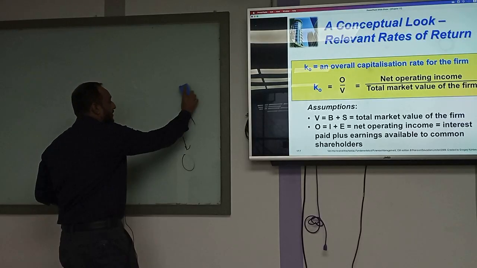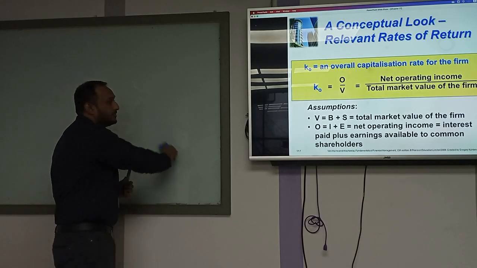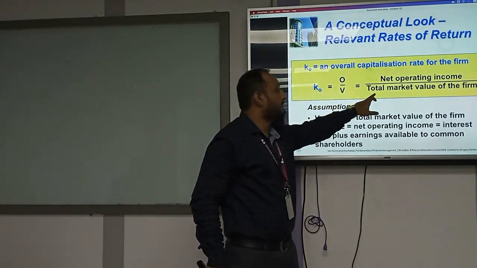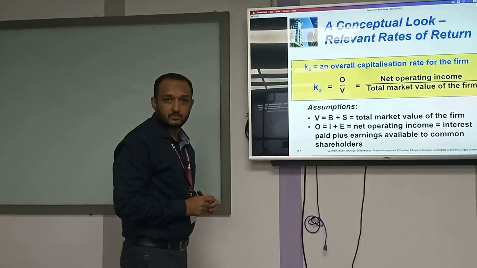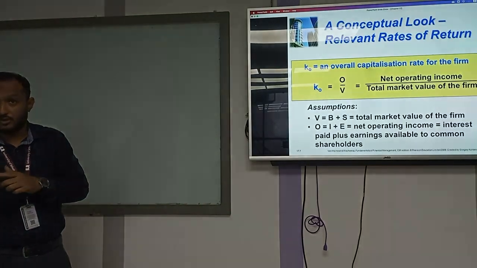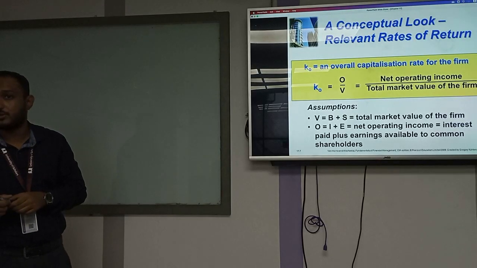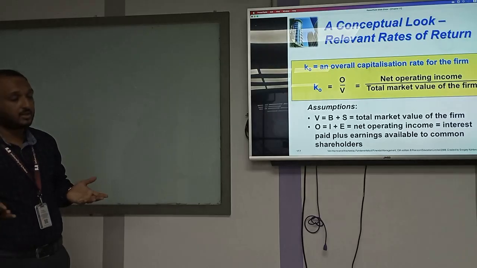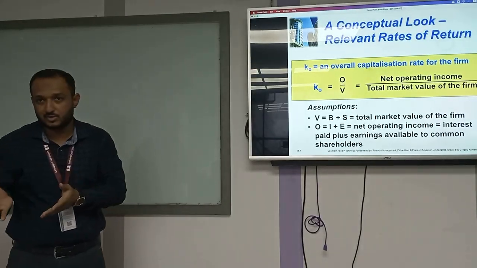So that is your NOI, net operating income, divided by the total market value of the firm. The total market value of the firm is equal to the total value of the bond or debt plus the value of the equity, total equity, which includes common stock and preferred stock.